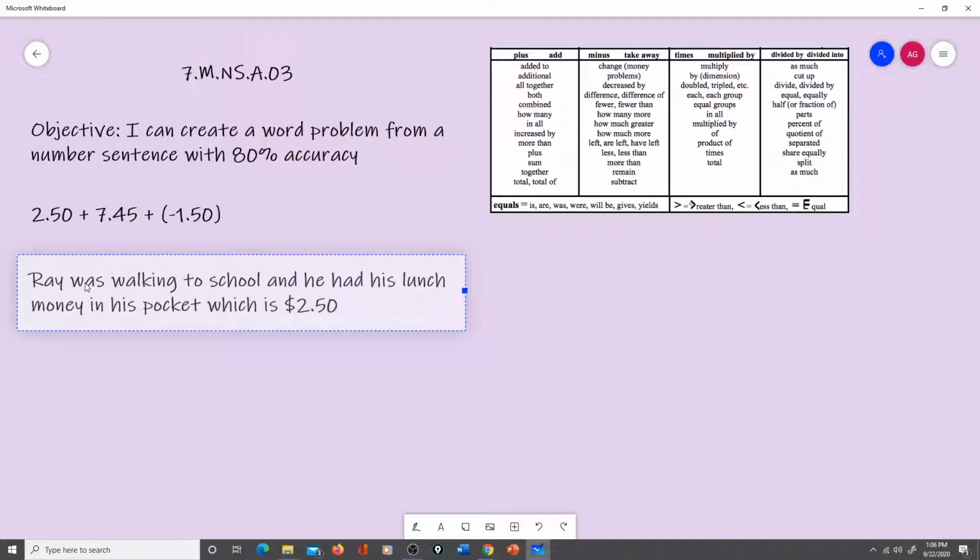Okay, so that takes care of my first number there. On his way, he found $7.45. Yeah, it's kind of a random amount to find on the ground. It's like, oh, there's 7 bills and a couple quarters or whatever it may be. Okay, but it fits my problem.